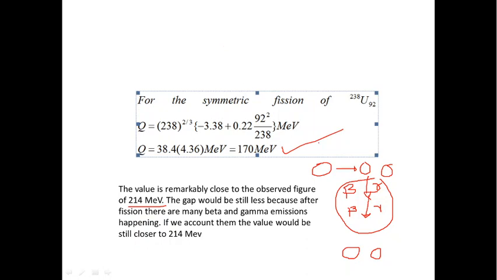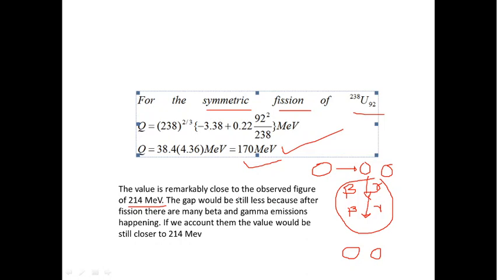The whole idea is we wanted to check whether the liquid drop model is able to give you an answer for the most important problem of nuclear physics, that is fission. So in a symmetric fission of uranium 238, the prediction of the liquid drop model is 170 MeV.